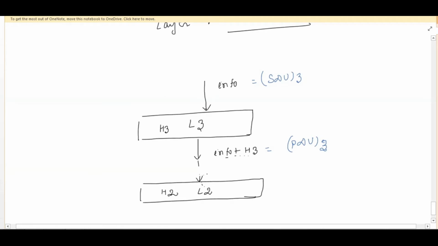Info plus S3. Info plus S3 is the PDU of layer 3, but the same info plus S3 can be the SDU of layer 2.